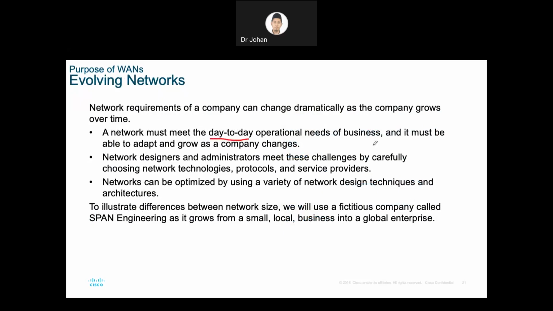Network designers and administrators meet these challenges by carefully choosing network topologies, protocols, and service providers. Networks can be optimized by using a variety of network design techniques and architectures. To illustrate differences between network sizes, we will use a fictitious company called Span Engineering as it grows from a small, local business into a global enterprise.